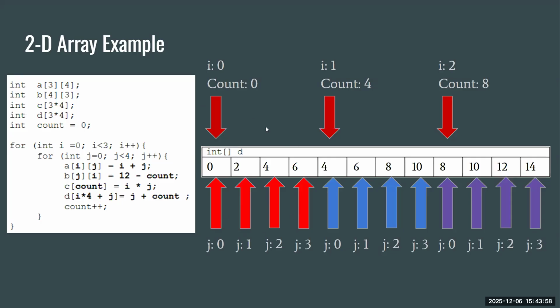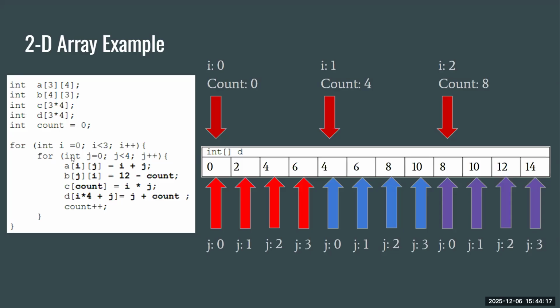So since count was not reinitialized for the inner loop, it's going to equal 4.